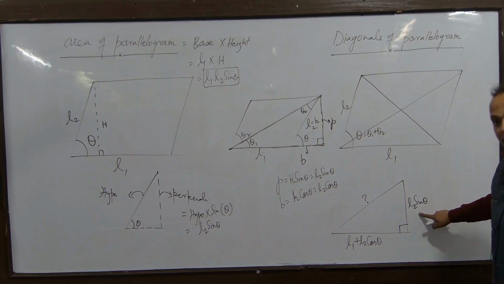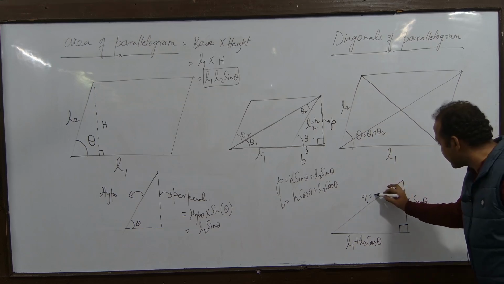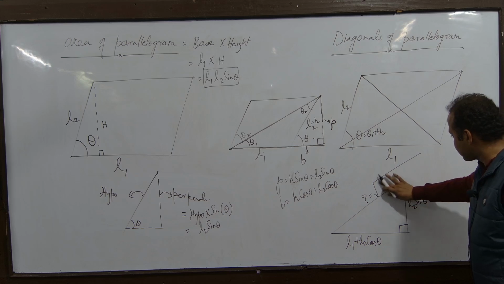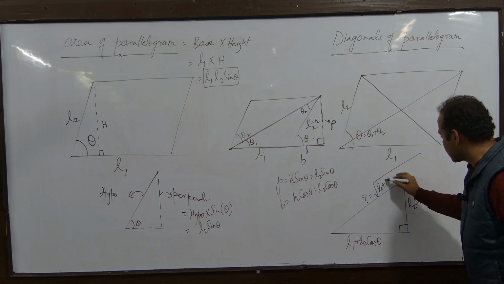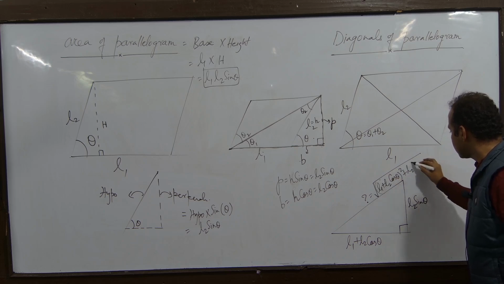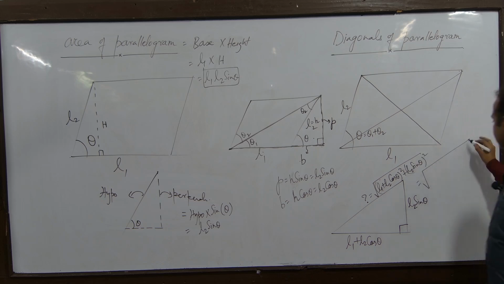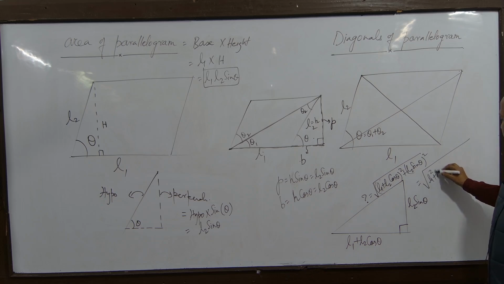This is perpendicular. So this length will be equal to root over (L1 plus L2 cos theta) square plus (L2 sine theta) square. Solve it, expanding: L1 square plus 2 L1 L2 cos theta plus L2 square cos square theta plus L2 square sine square theta.